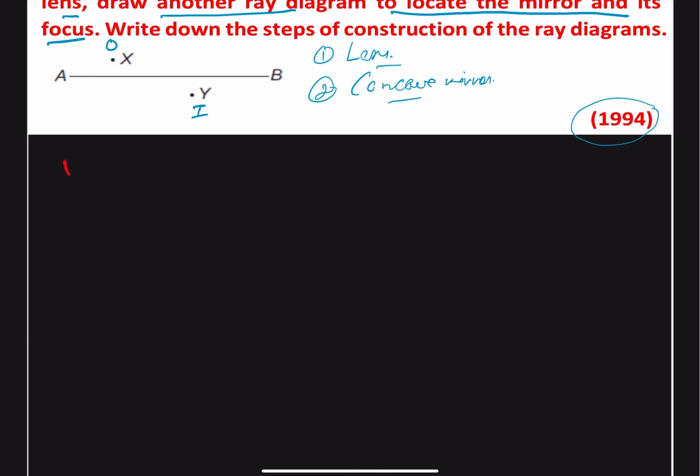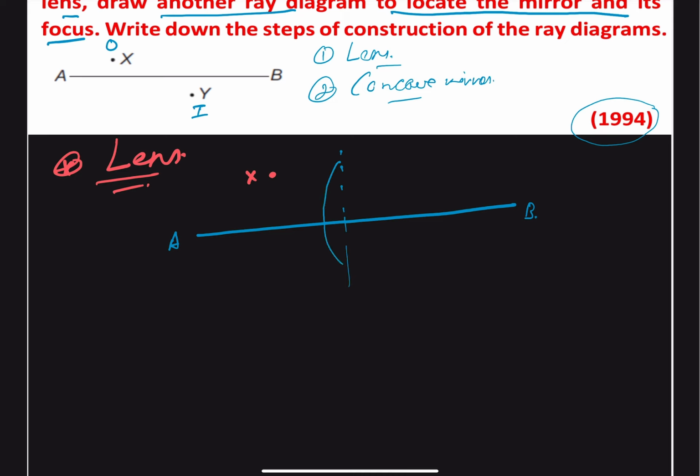So let us draw first of all for the lens, and we are given the principal axis, which is our AB, and a point object. So this is, let us suppose, our point object, that is our X, and let us draw this lens. It will be somewhere here, and the ray for the Y should be directly crossing from here.